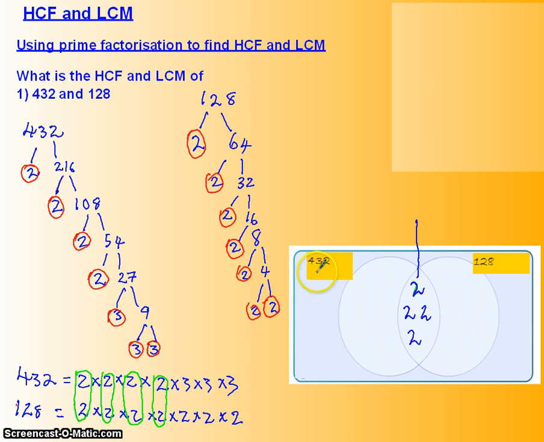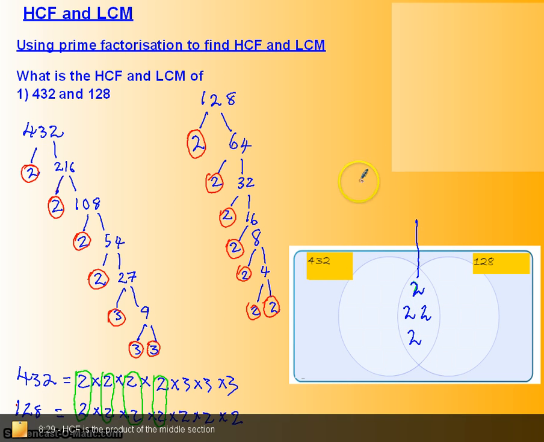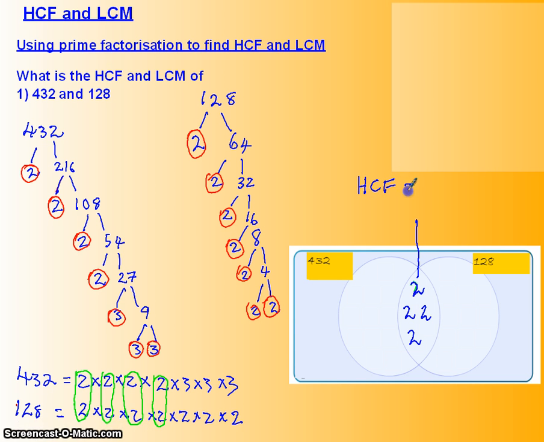So we have 432 and we have 128. So the highest common factor would equal 2 times 2 times 2 times 2, which is 2 to the 4, and that equals 16. So the highest common factor is 16.